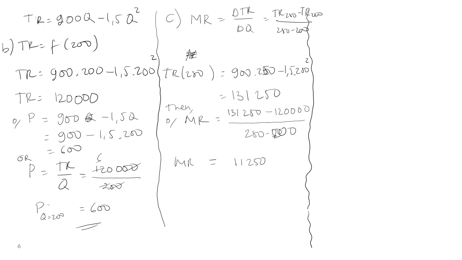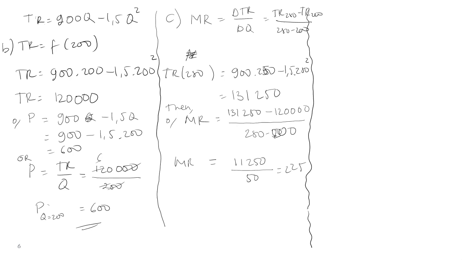Yeah, okay. 0 minus 0, 5 minus 0, 2 minus 0, 1, over 50. That is 225.